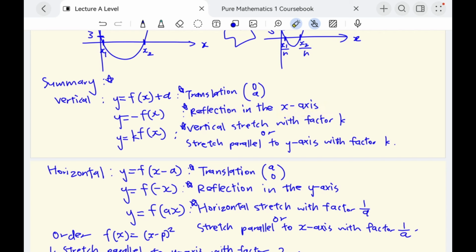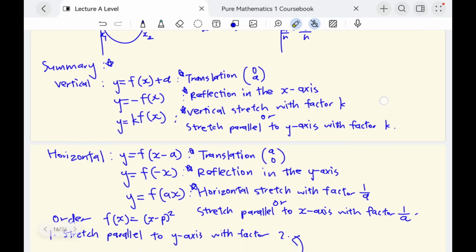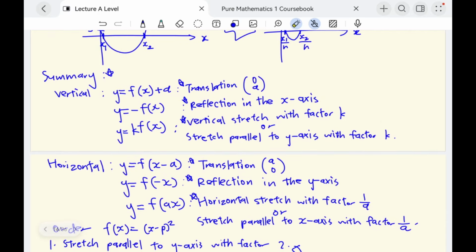Of course, you need to say reflection of fx in the x-axis. This is for guaranteeing you to obtain the marks. Okay, for the fx times k as the new function, you have the vertical stretch with the factor k, or you can say stretch parallel to the y-axis with a factor of k.